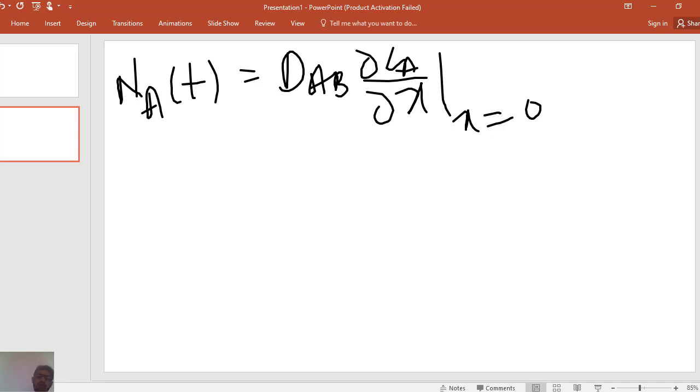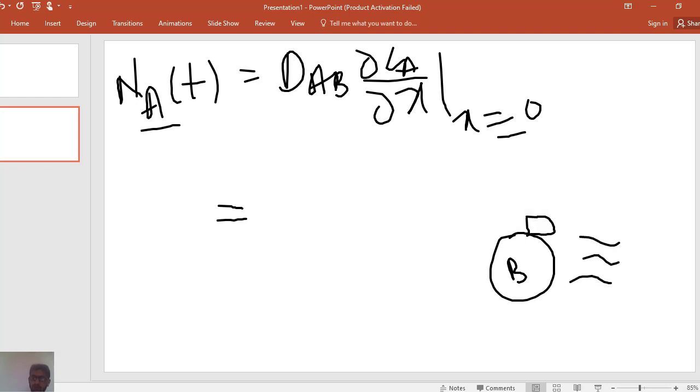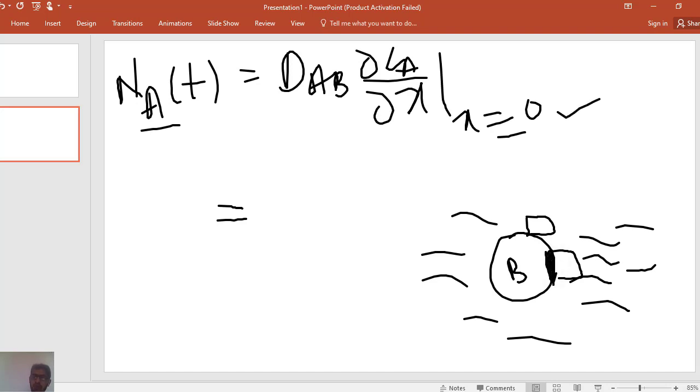That means if this was the bubble, and this is the liquid, then at x equal to 0, this position, it will be the interface.